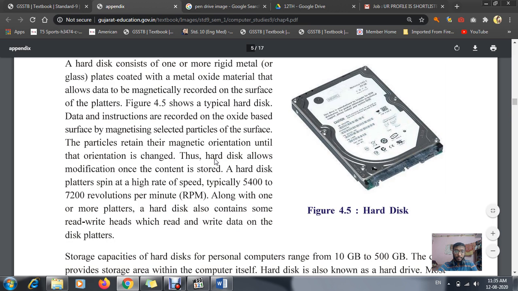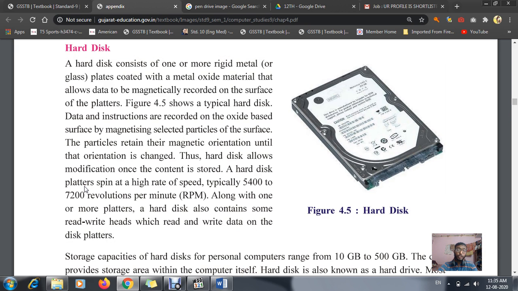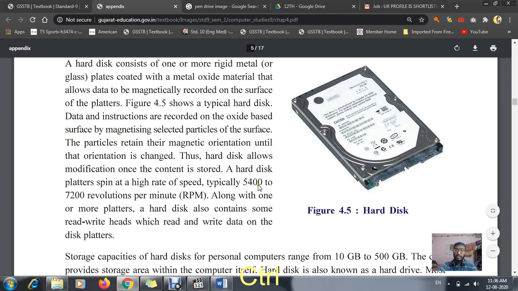Underline over here: hard disk platters. Platters means, as I told you, the CD type; that particular CD type is known as a platter. Platters spin at a speed of, typically, underline it, 5400 to 7200 revolutions per minute, RPM.